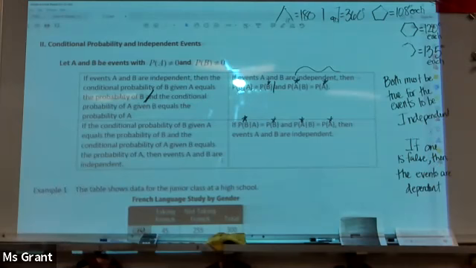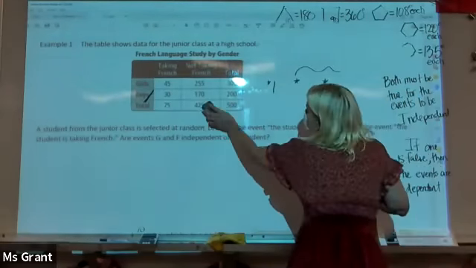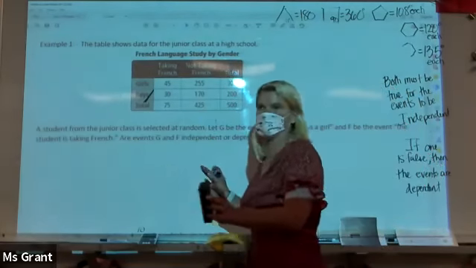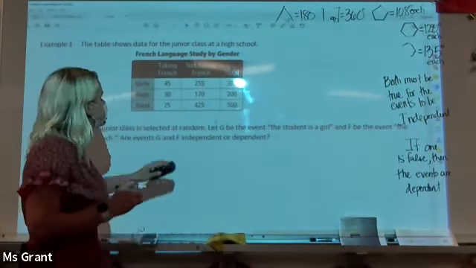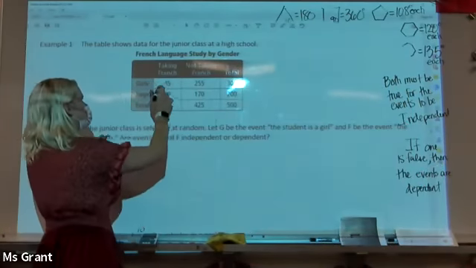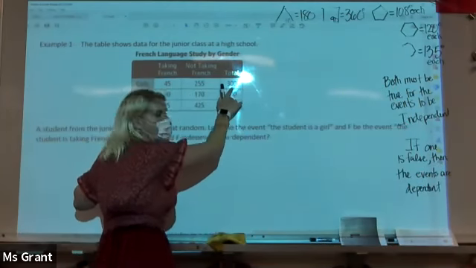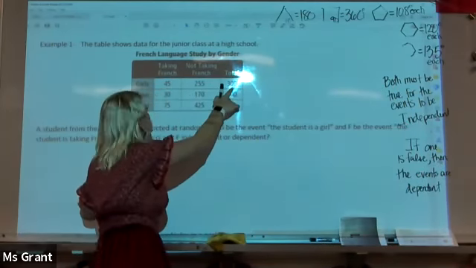All right, moving on. We're going to talk about students taking French at school. The table shows all the juniors at school. There are 45 girls who take French, 255 girls who don't take French. There's a total in the junior class of 300 girls.